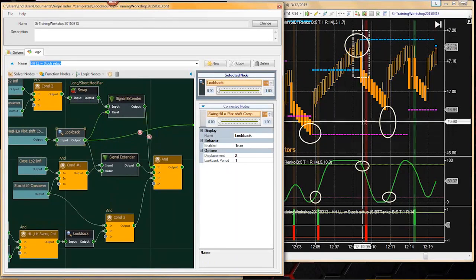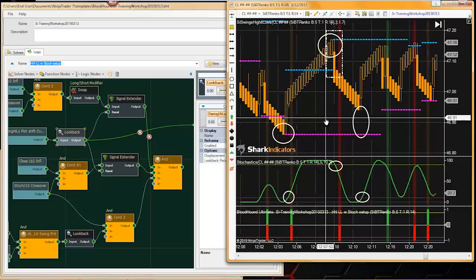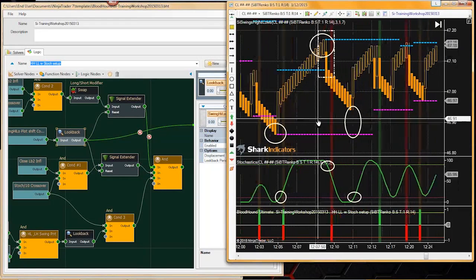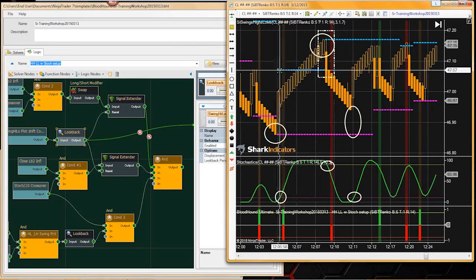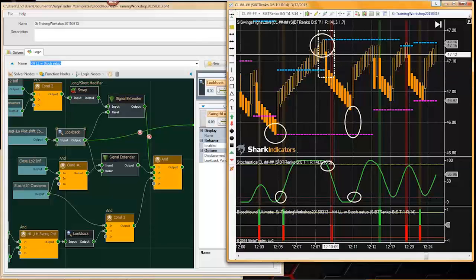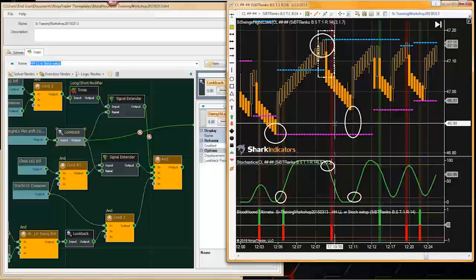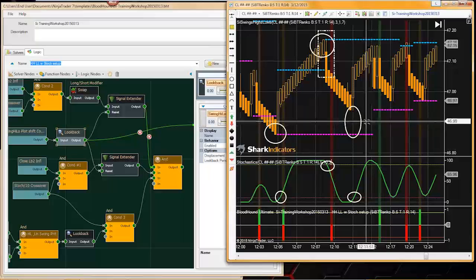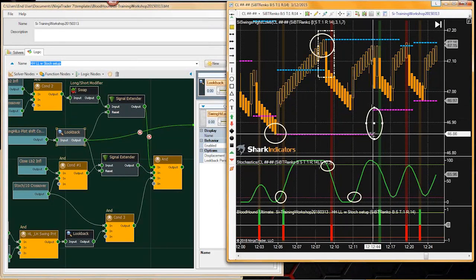So let's see. So right now, right, when the swing high blue line plot shifts, we're getting a short output. So instead of using the short output, how about if we use the long output? We'll use this long output over here when the swing lows shift.